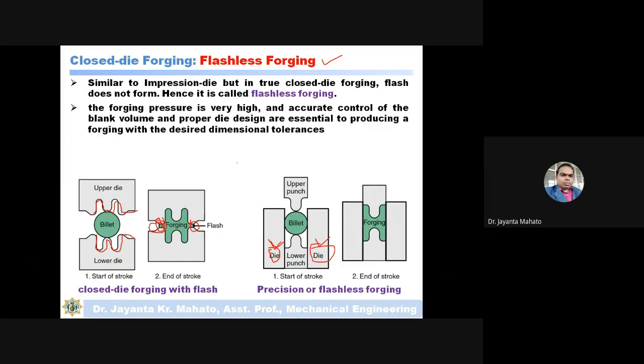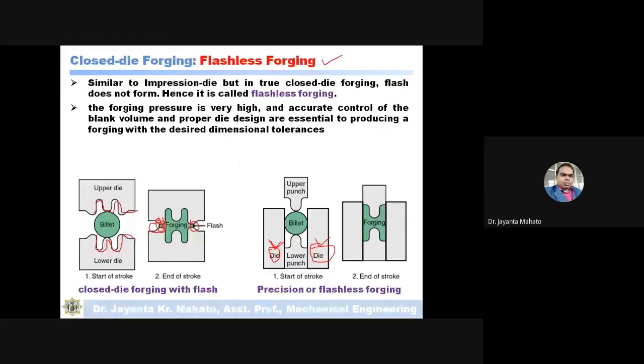In this forging process, very accurate control of the blank volume and proper die design are essential to producing a forging with the desired dimensional tolerances. So I think you understand: the calculation of blank volume, meaning how much blank volume is required so that the material gets the desired shape and desired volume.